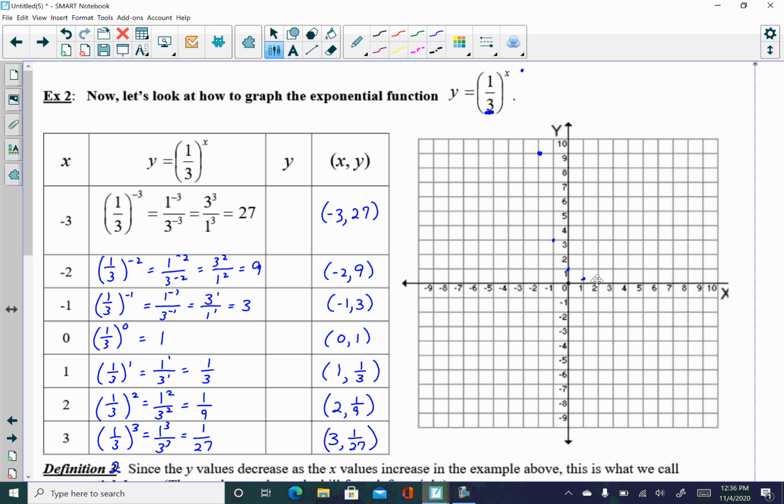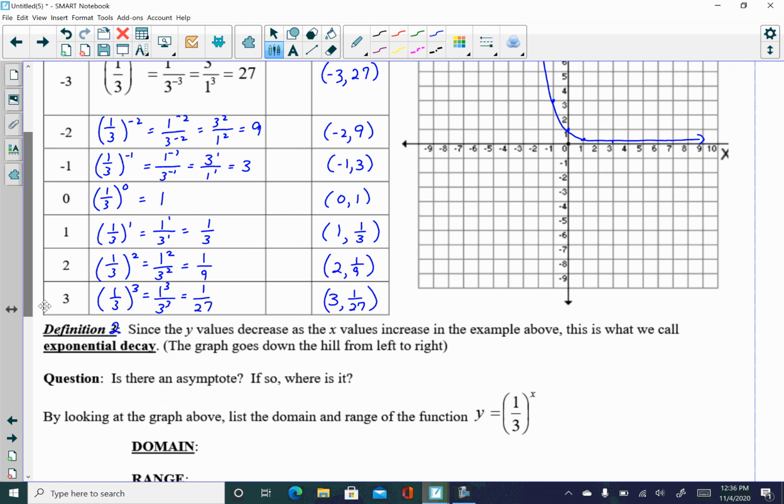And then we know that 1/9 was 0.11 before, and then 1/27 is about 0.04. Okay, so here you're seeing, all right, here's my graph coming down, looking very similar to the previous example.